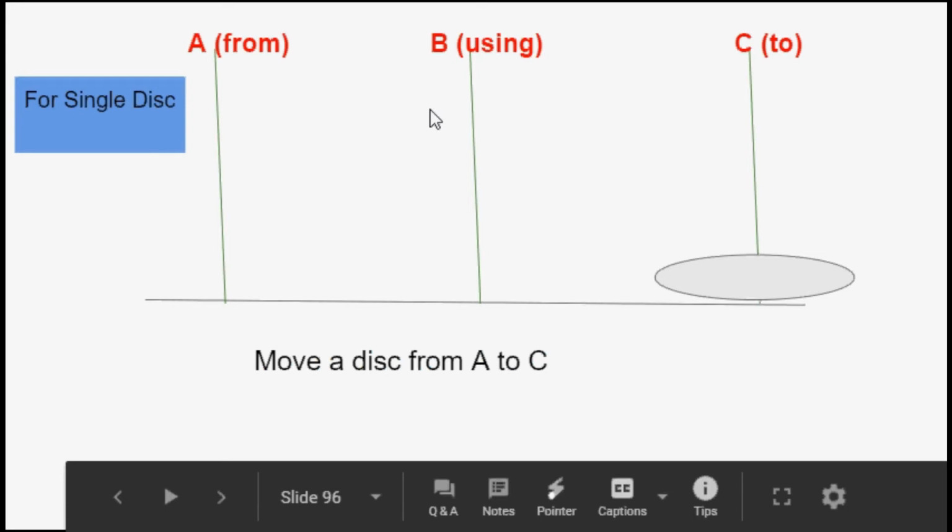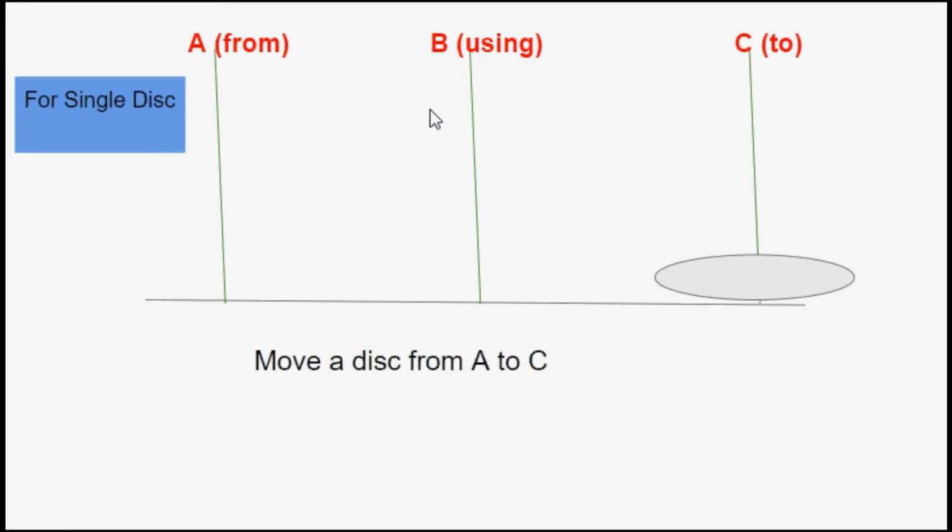Now let's have a look at the Tower of Hanoi problem if there are more than one disk, that means if there are two disks.